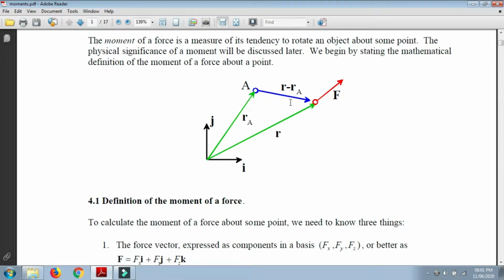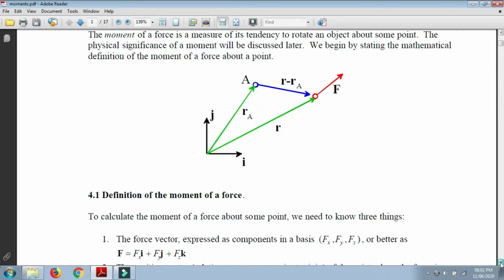The coordinates of this point minus the coordinates of this point will give you R minus RA. Do you understand that? We go ahead.